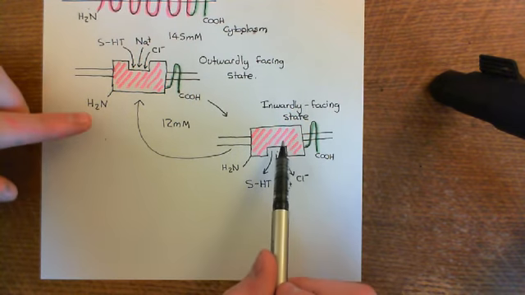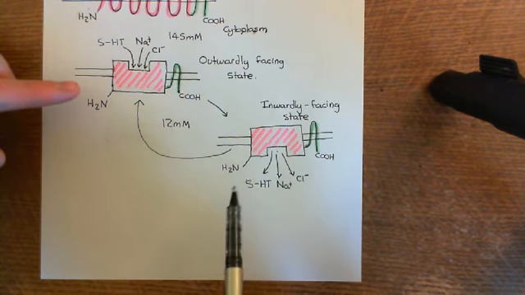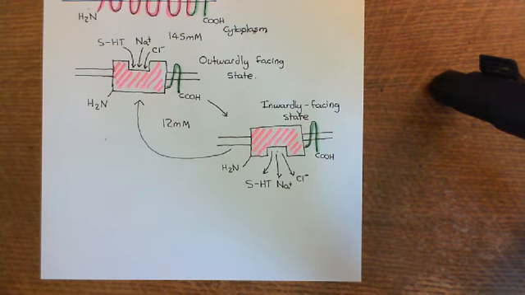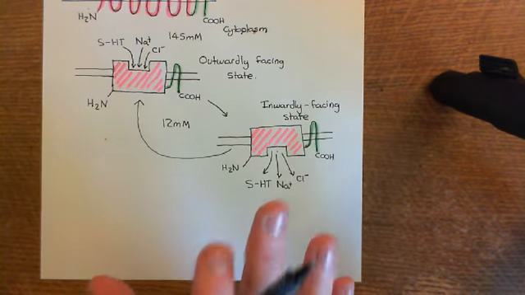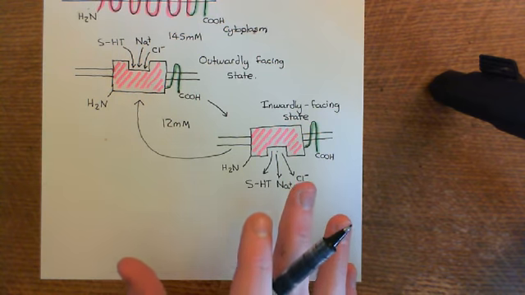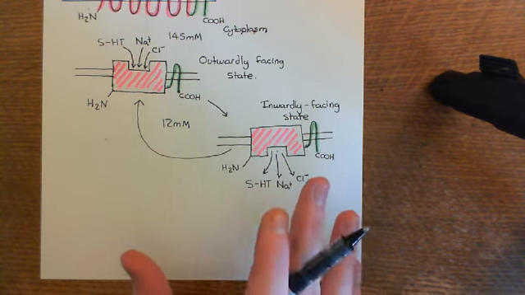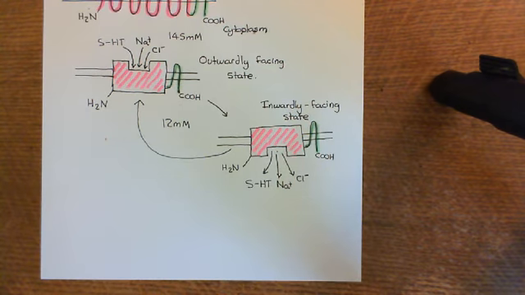Now that you no longer have them bound, you change back to the original conformation, and you're in a high affinity state again. That's the general principle of how transporters work. Once again, the serotonin reuptake transporter is a secondary active transporter rather than a primary active transporter.